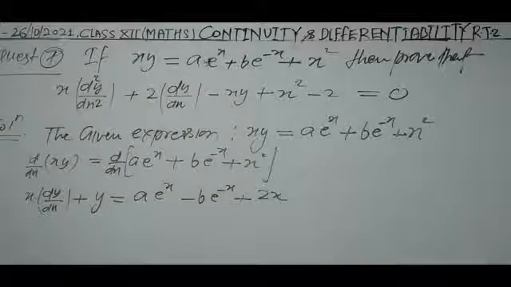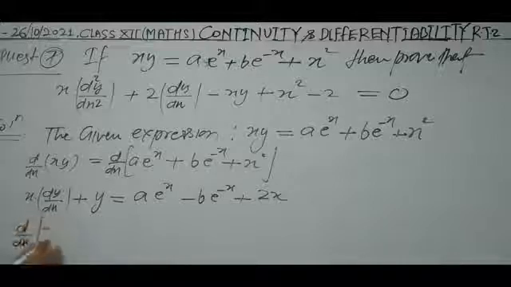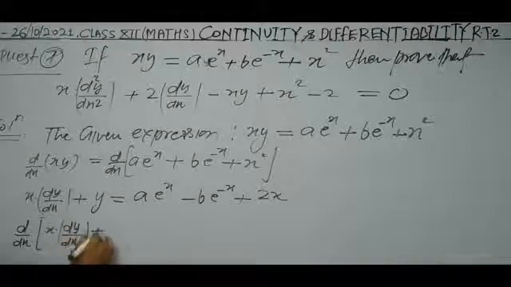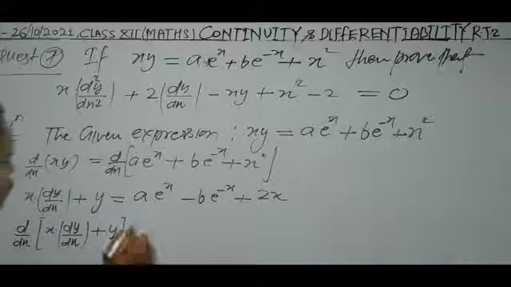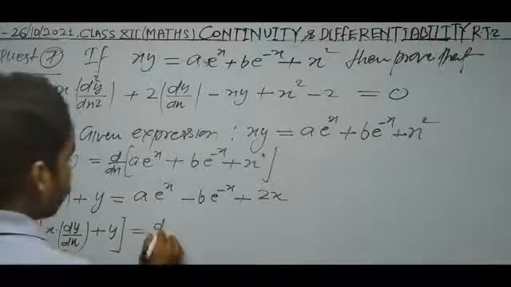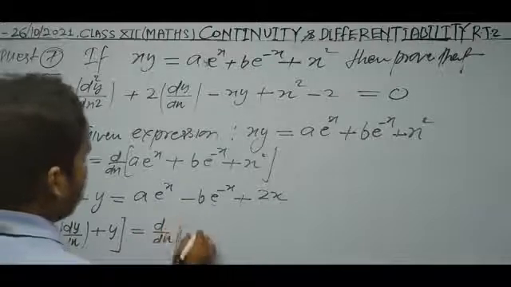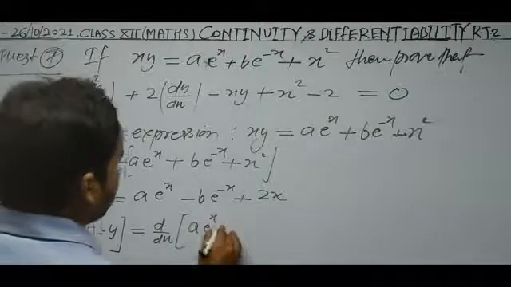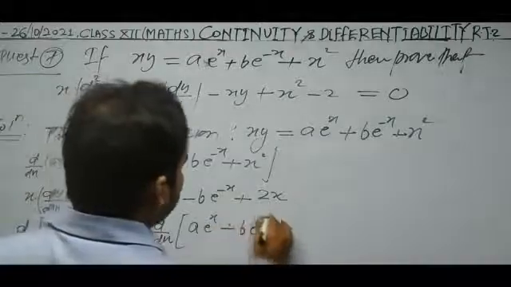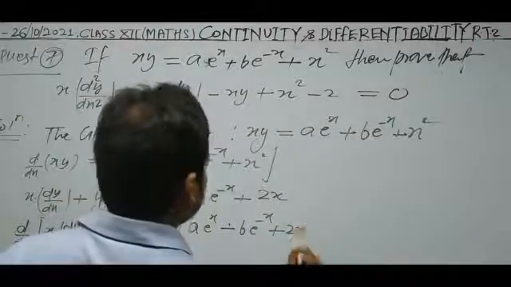Now we have to differentiate again. So when you again differentiate, what will you get? Suppose this is d by dx of x times dy by dx plus y is equal to d by dx of a times e to the power x minus b times e to the power minus x plus 2x.